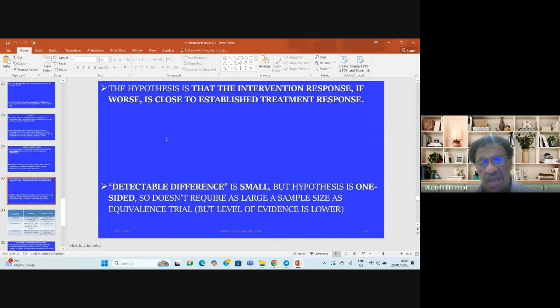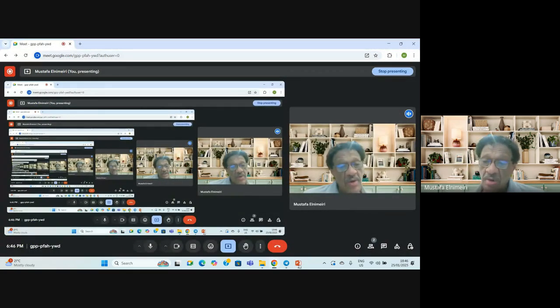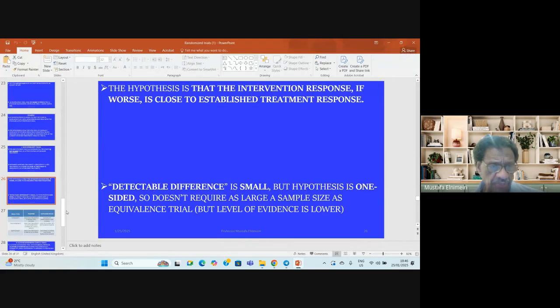The hypothesis is that the intervention response, if worse, is still close to the established treatment response, but the detectable difference is too small. The hypothesis is one-sided, so it does not require as large a sample as an equivalence trial. But at the end of the day, the level of evidence is questionable or lower compared to equivalence.